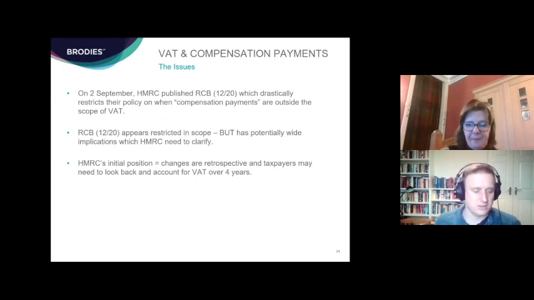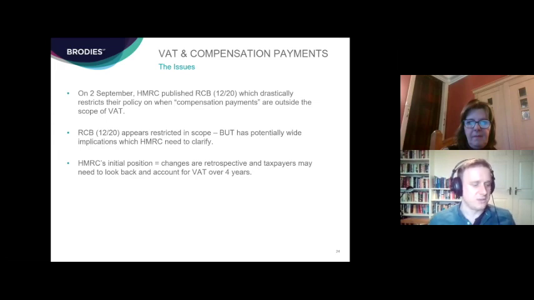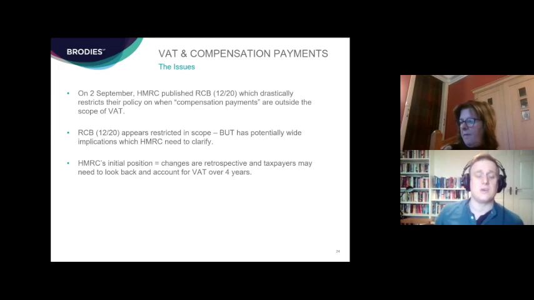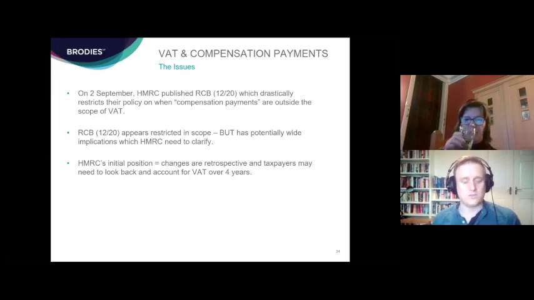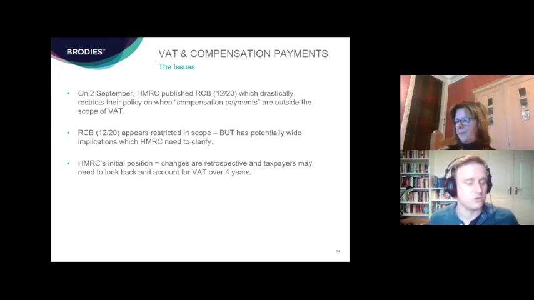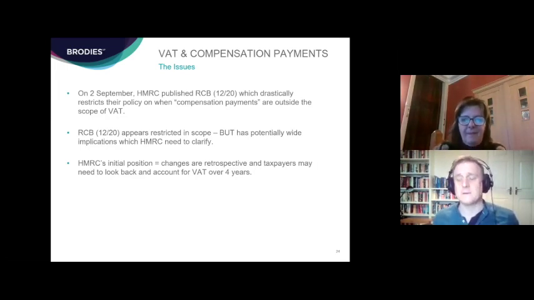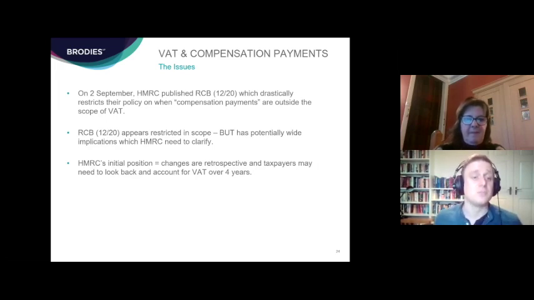And on the face of it, this is quite a surprising brief that they published, because what they have done is effectively heavily restricted the guidance that they issued around when certain compensation payments, and as we talk through this, the reason for the air quotes should be clear, but when certain compensation payments are outside the scope of VAT and when they are inside the scope of VAT. It's contrary to their prior guidance, and the net effect of that is that a lot of things that have been treated as outside of VAT are potentially now VATable.